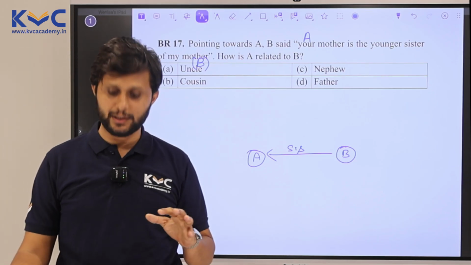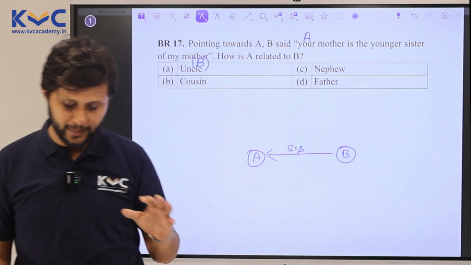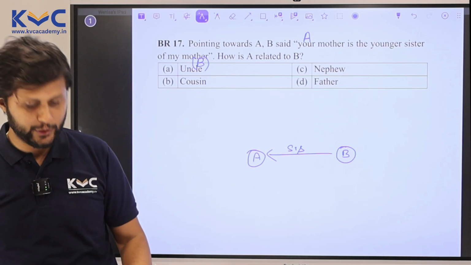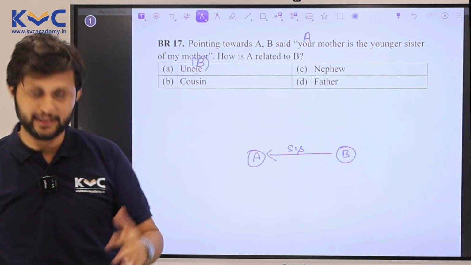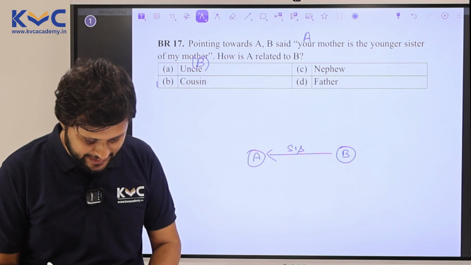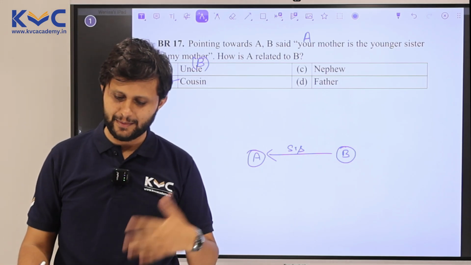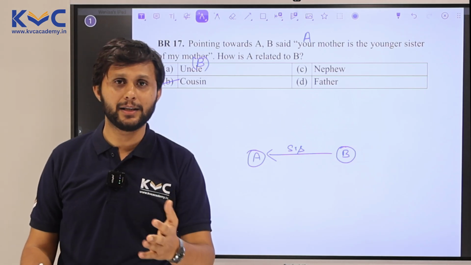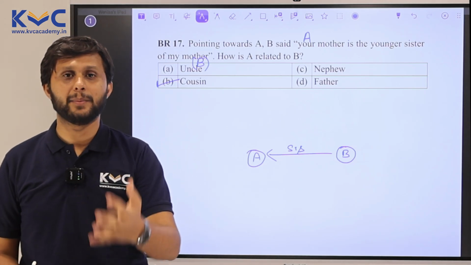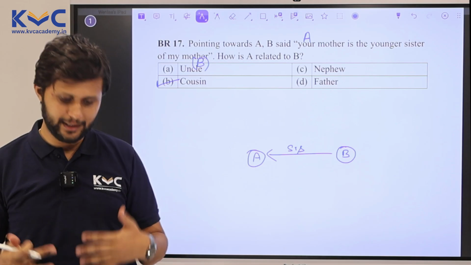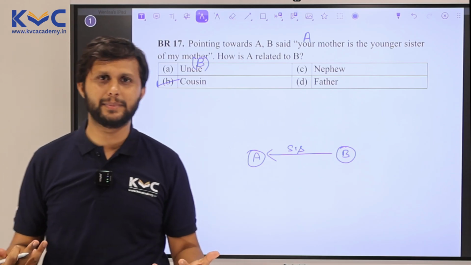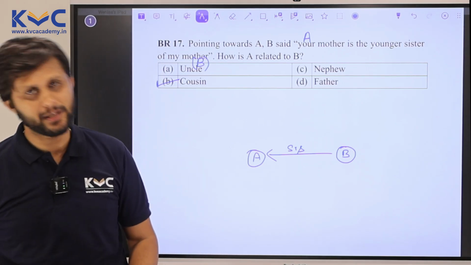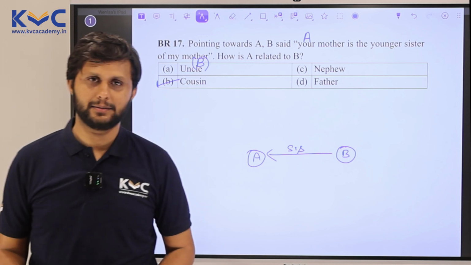So in the same generation, cannot be father, cannot be nephew, different generation, cannot be uncle. Only one that satisfies is cousin. Even otherwise we understand, right? Because I'm talking to you and saying your mother and my mother are siblings. Correct? So we are being cousins. Okay. So option B is the right answer.